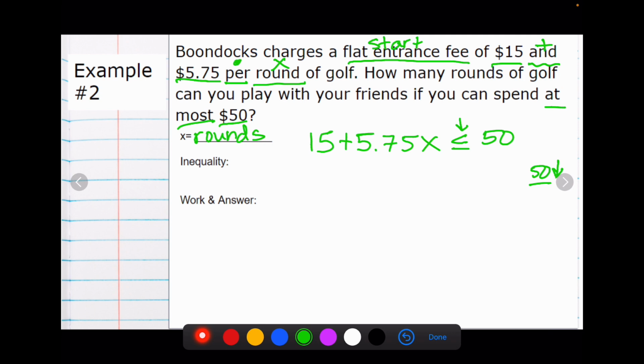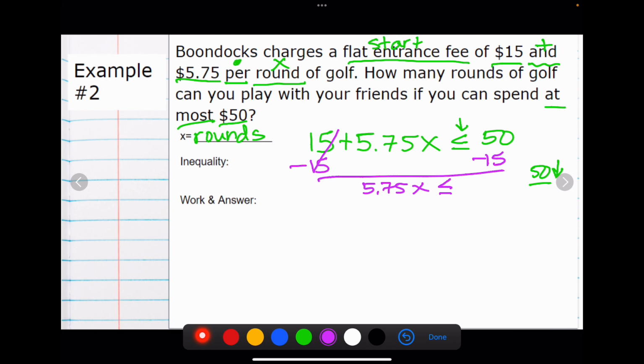Okay. We're going to go ahead and work this out. I'm going to subtract 15 on both sides. I'm going to get 5.75x is less than or equal to 35. Okay. Now remember, we're not going to change our symbol yet because we only subtracted.